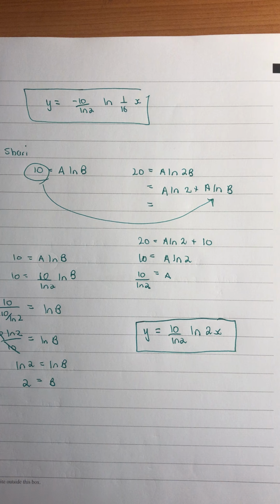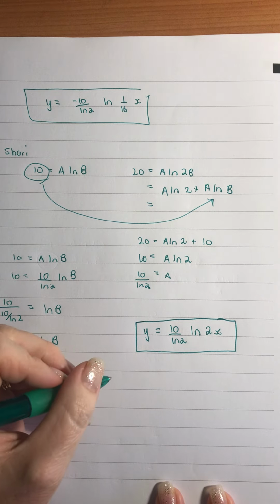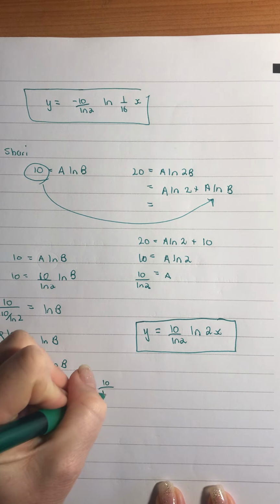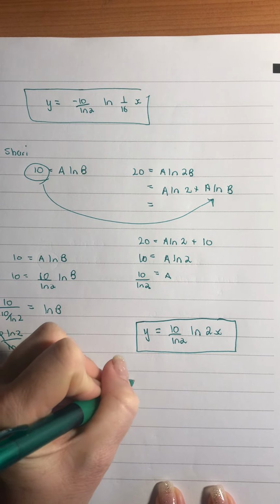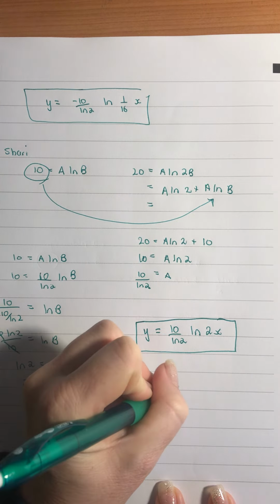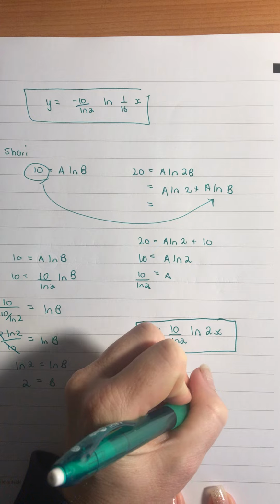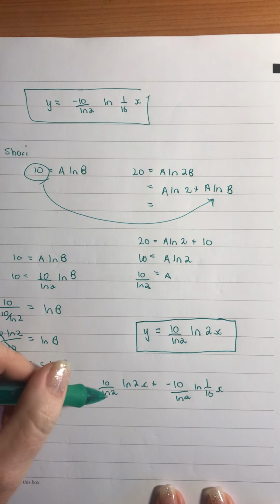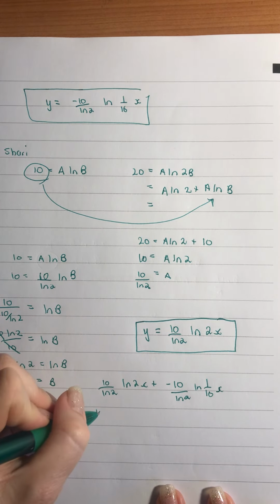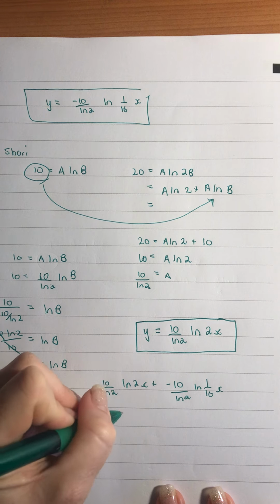Then we want to see if when we add them together, we're always going to get the same number, and that number of 50. So we put them together and we get 10 on ln 2 ln 2x plus negative 10 on ln 2 ln 1 on 16x. Obviously we've got a common factor of 10 on ln 2, so we're going to take that out the front.